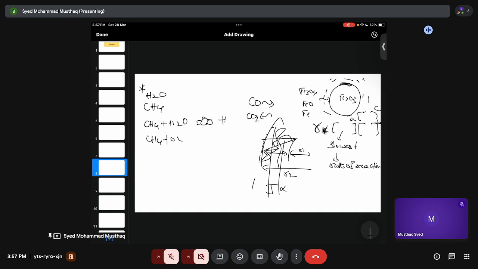I'm not going to balance these reactions, okay? Again, this is my endothermic reaction. Oh, sorry, this is my exothermic reaction, but this is my endothermic reaction.